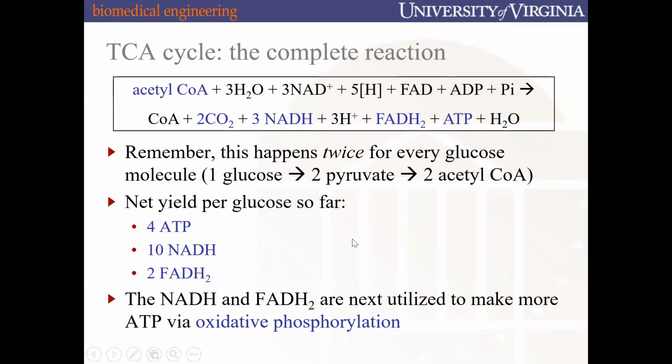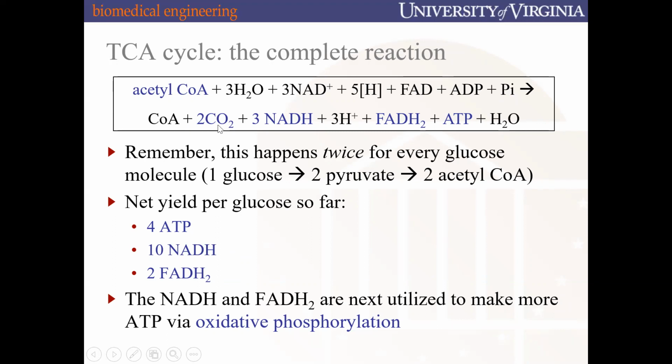All right, so as I mentioned, we just completed the TCA cycle. This is a great overview of what we used and what we got from this cycle. As a reminder, we started with coenzyme A. We have these oxidized equivalents, NAD plus and FAD. And we have ADP and orthophosphate ready to be phosphorylated to generate ATP.